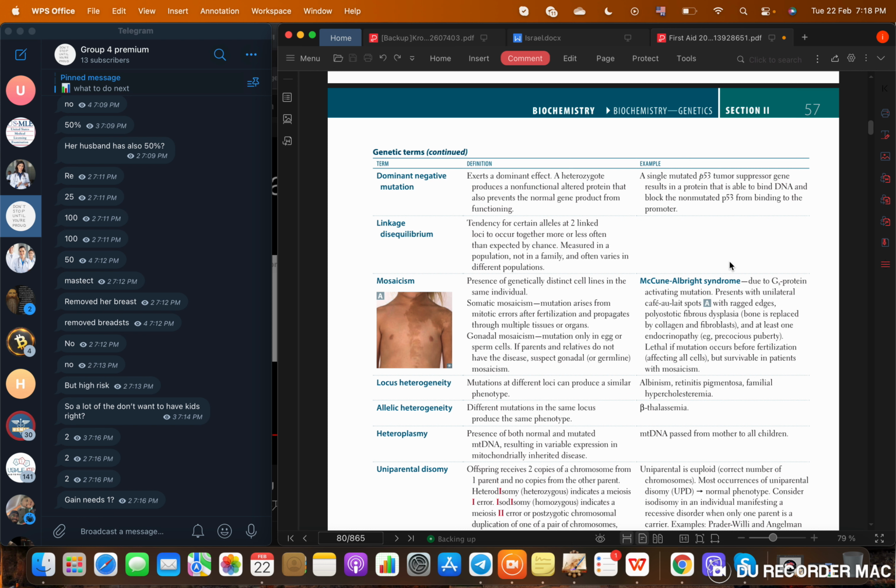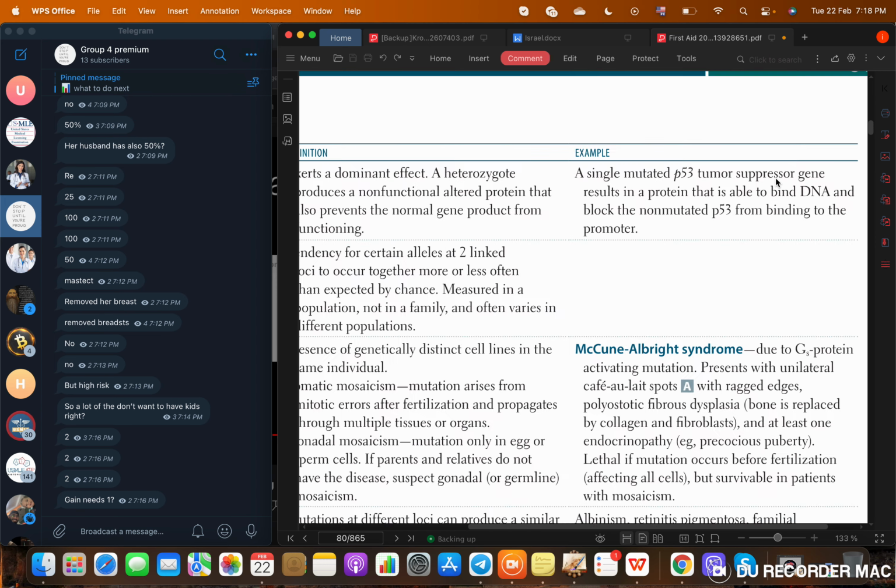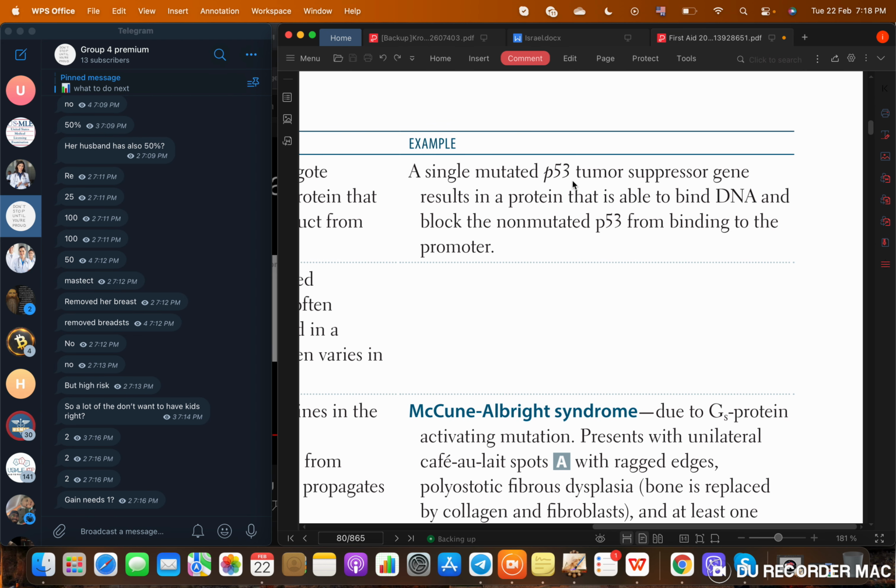If we speak about a tumor suppressor gene, the P53, if the P53 is not working normally, they write a single mutant P53 tumor suppressor gene results in a protein that is able to bind the DNA and block the non-mutant, the normal one, the P53, from binding to the promoter. You're like, wait a second.